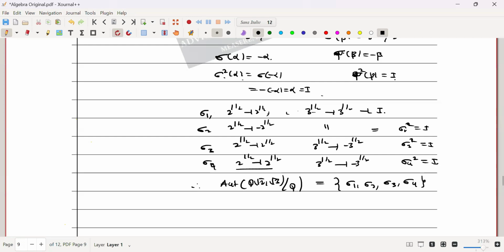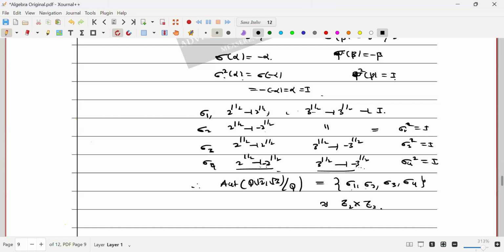Squaring these maps gives back 2 power 1 by 2 and 3 power 1 by 2, with signs flipping to plus. So this one is a Klein 4 group, since every element has order 2, which is isomorphic to Z2 cross Z2.